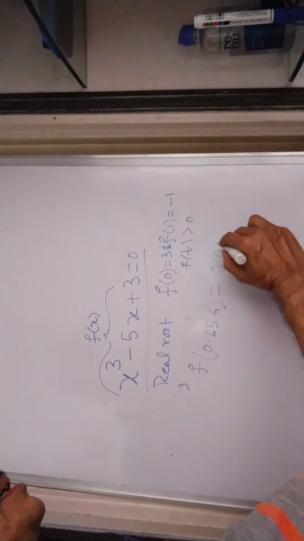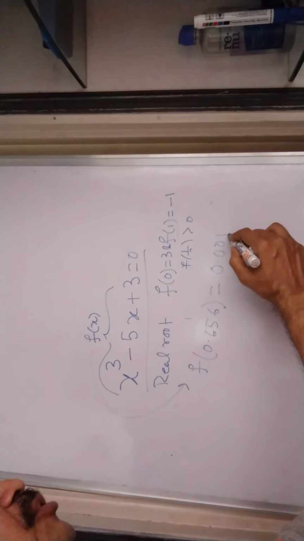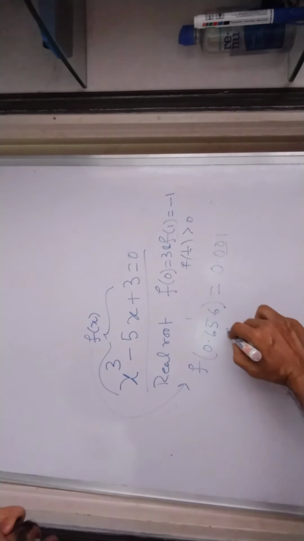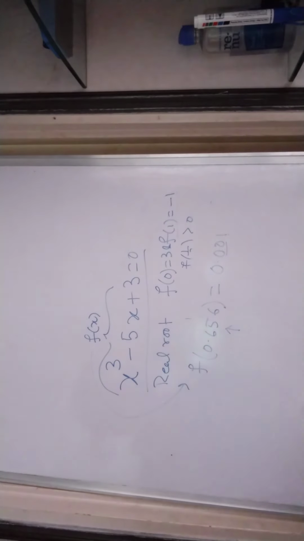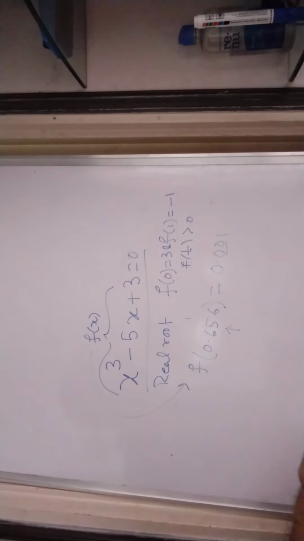Almost 0 means that up to 2 decimal places, we can infer that this is the root of this equation. That is the idea of getting the root with the help of bisection method.